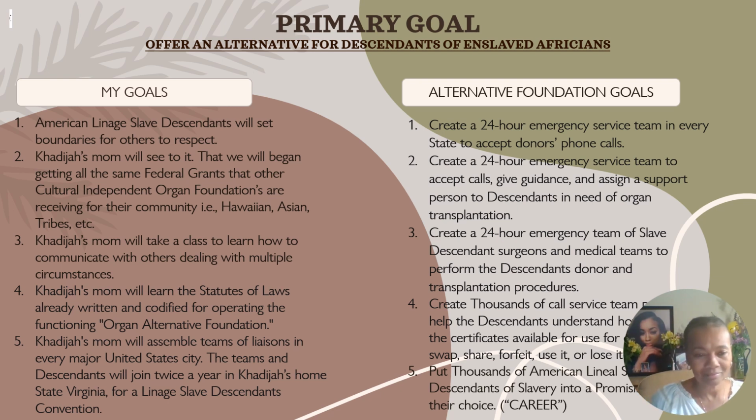All right, let me see. I'm not reading all this stuff. But anyway, it's probably not written right, but it's okay. American lineage slave descendants will set boundaries for others to respect. Now, let me say that with my glasses off.